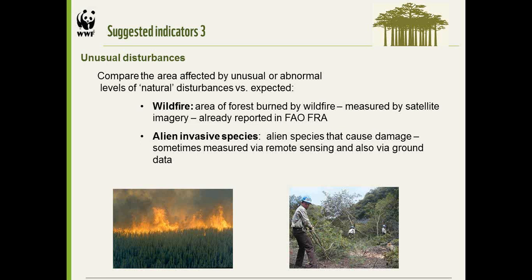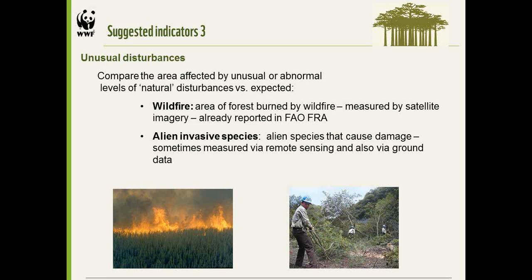For example, in eastern North America, part of the world where I live, it's fairly easy to measure the damage that's been caused by the emerald ash borer because of the death of ash trees across much of the eastern part of the continent now. In other places, it may be necessary to measure invasive alien species on the ground.